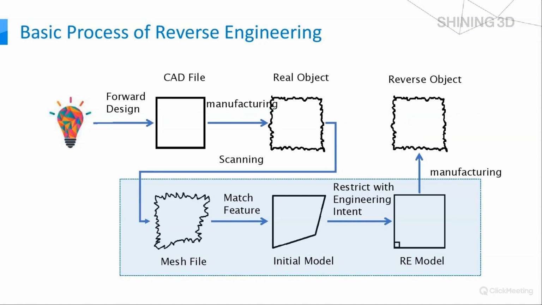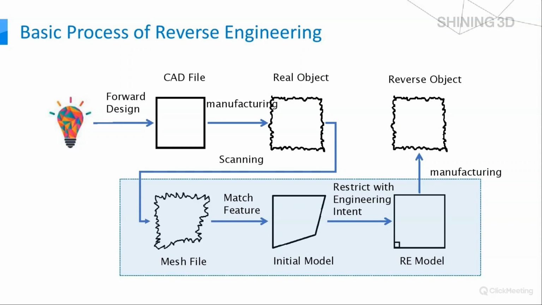And after we have this mesh file, the next step is to match features to get the initial model. This can be done in some software like Geomagic Essential, which we also cooperate with, or like the software we're going to introduce called Solid Edge.